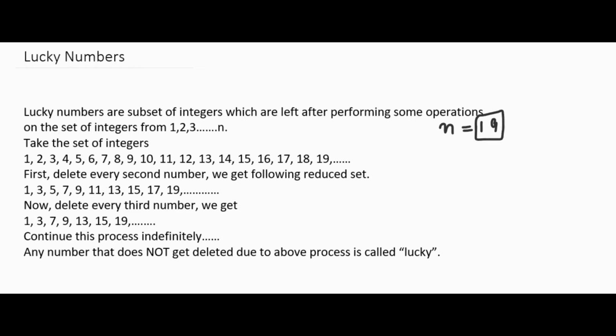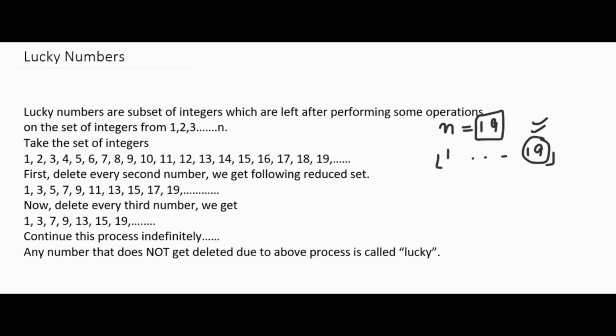We have to perform some operations on the numbers from 1 to 19 and see whether 19 is deleted or not. If it doesn't get deleted, it is a lucky number, otherwise it is not.